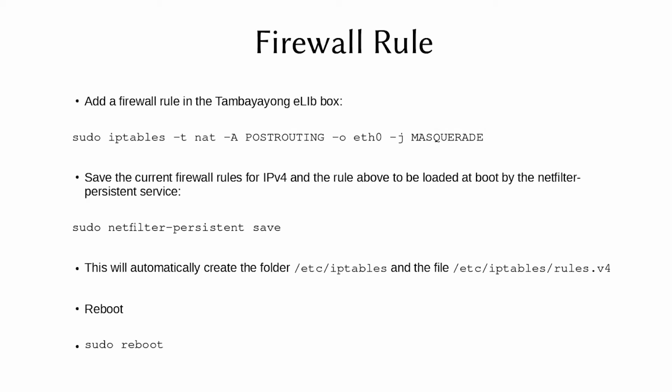Okay, so the firewall rule in the Tambayayong e-library box is this: sudo iptables -t nat -A POSTROUTING -o eth0 -j MASQUERADE. Then we save the current firewall rules to IPv4 by issuing the command sudo netfilter-persistent save.